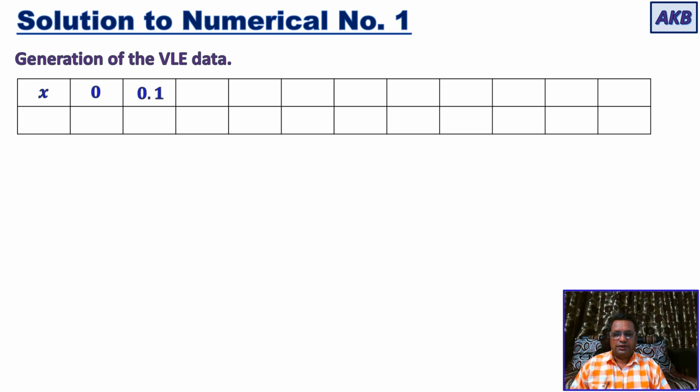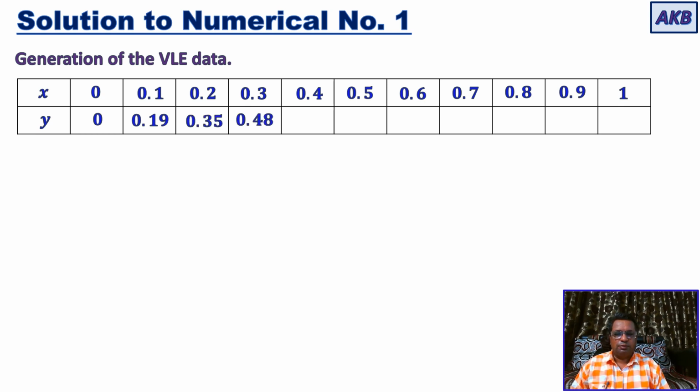So you have different values of x: 0.1, 0.2, 0.3, 0.4, 0.5, 0.6, 0.7, 0.8, 0.9 and 1. Okay, and corresponding y values, we have seen how it is 0 for x equal to 0, for 0.1 it is 0.19, for 0.2 it is 0.35, 0.3 it is 0.48, for 0.4 it is 0.59, 0.5 it is 0.68, 0.6 it is 0.76.